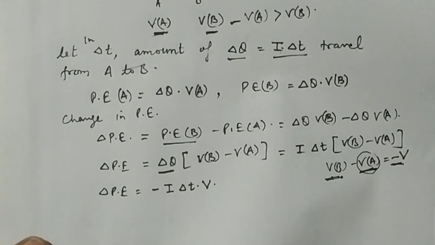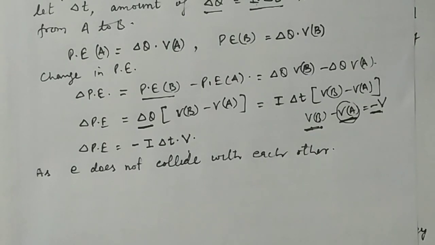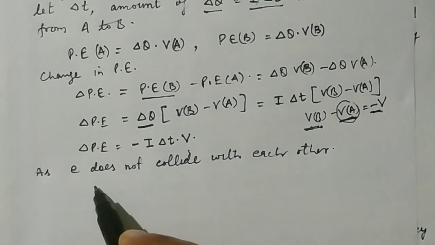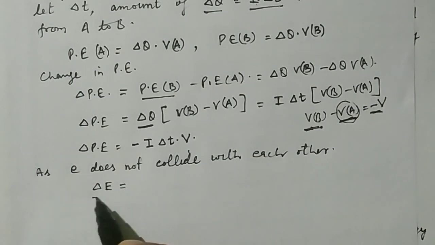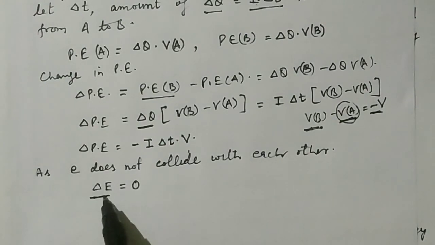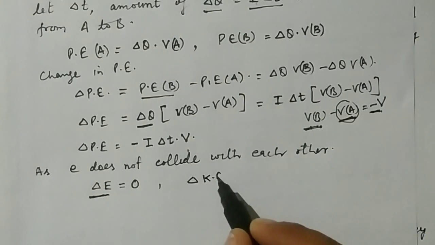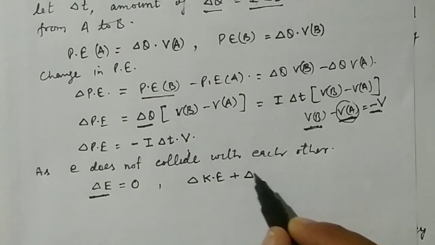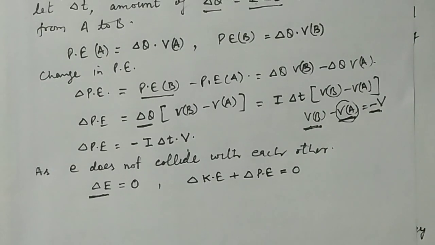If I assume that the electrons do not collide with each other, then the total change in energy must be equal to 0. That means the sum of the change in kinetic energy plus the change in potential energy must be equal to 0.